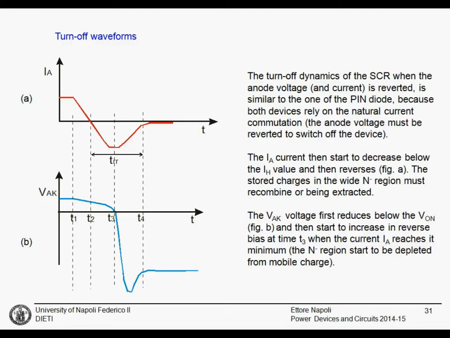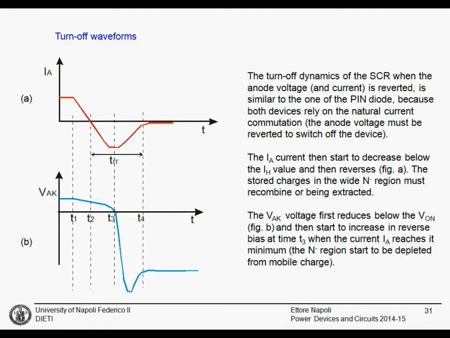This P to N minus base junction is reverse biased. There is a depletion region that grows here, and this means that there are a number of holes that are pushed away from the junction. This is actually the base current, the unwanted base current.